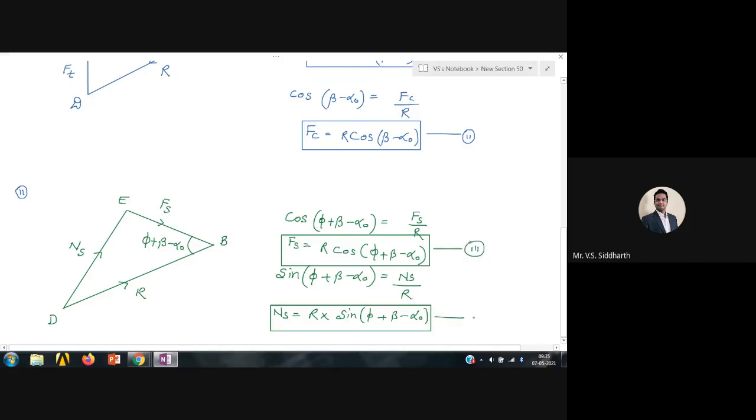These are equations 3 and 4. Up to this clear, everyone?